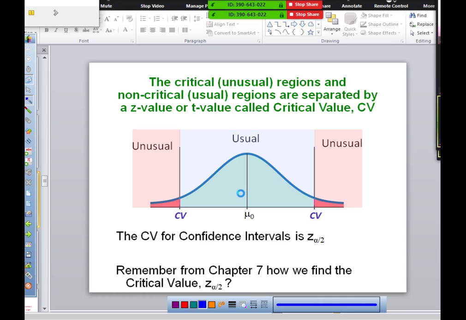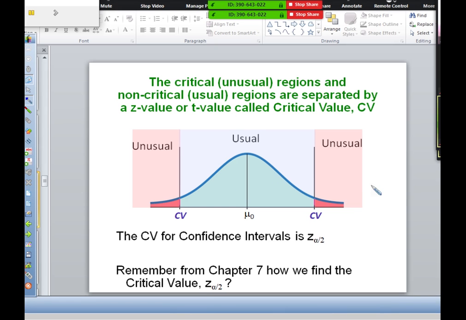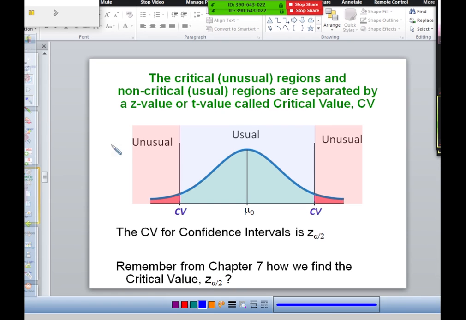The critical or unusual regions are separated by your critical value. So remember that. These critical values, which you get entirely from your T table or Z table, Z table being that last row of the T table, tell you the level where the Z-scores are unusual.